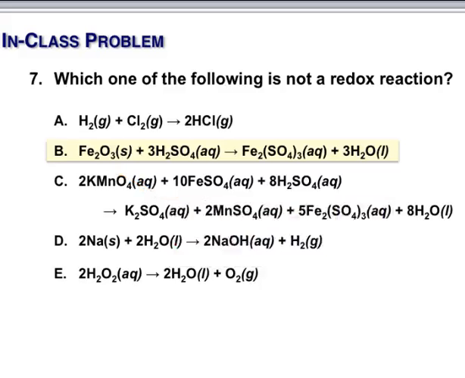Look at this guy right here. We have 8 negatives, right? We have 1 positive, which means manganese must be +7. 7 + 1, that's 8 positives, 8 negatives.